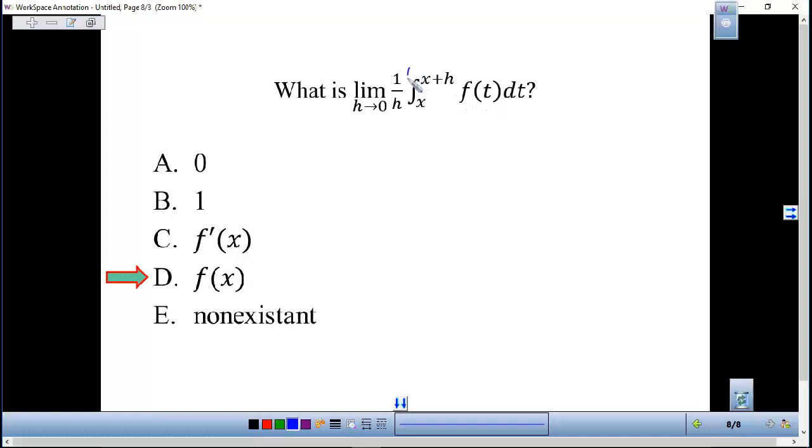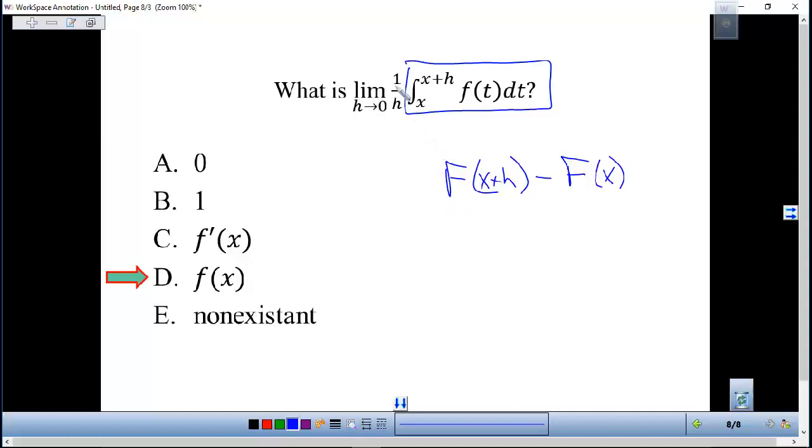If we evaluate this part right here for right now, what's going to happen? We're going to take the antiderivative of f of t, which is going to be capital F of t, and we're going to plug in the upper bound minus the lower bound. So we're going to have capital F of x plus h minus capital F of x, and then the 1 over h right here, that's just dividing by h, right? And then we're taking the limit as h approaches 0.